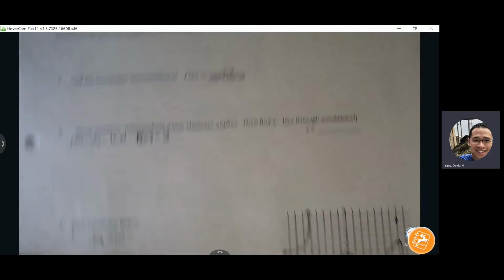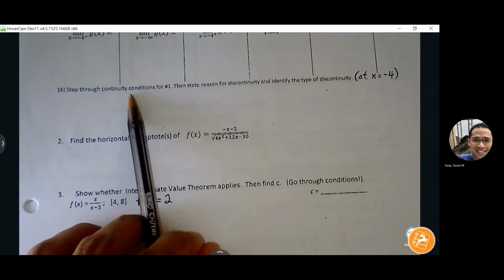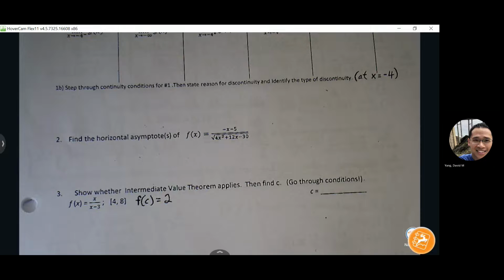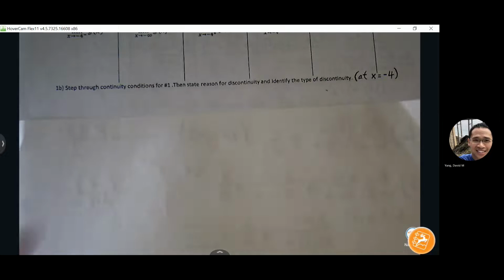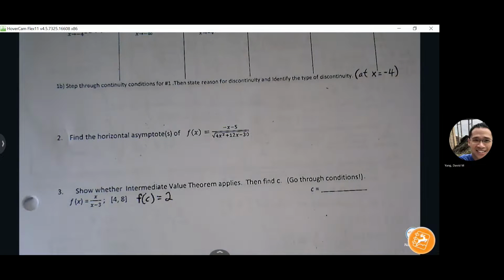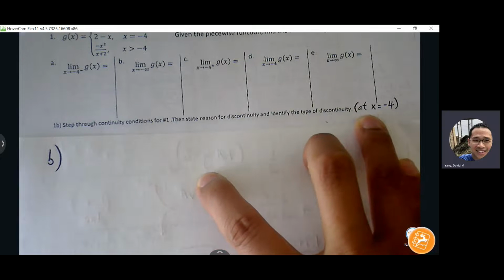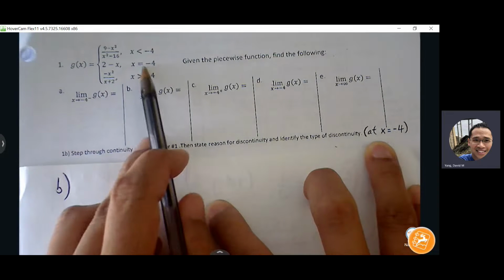Okay, part B. Step through continuity conditions. At x equals -4, so we start off with the ordered pair.